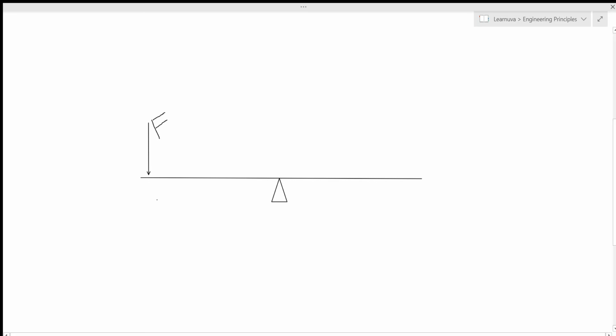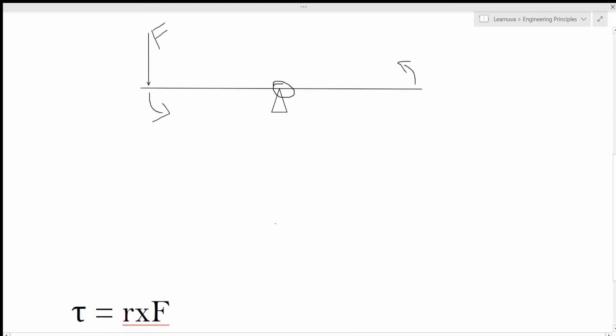One end moves down like that, and the other end moves up in a counterclockwise direction. This happens because it's being supported right here, and this little connection is preventing the whole thing from moving straight down. In this instance, the force is producing a torque.